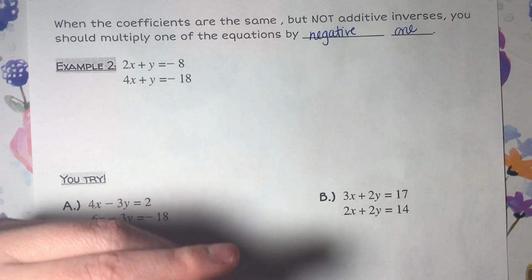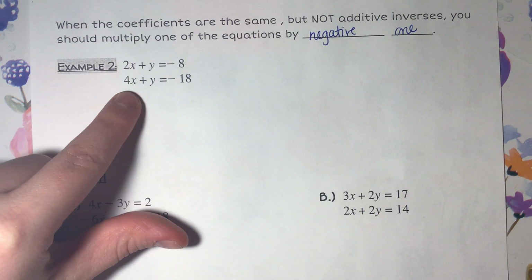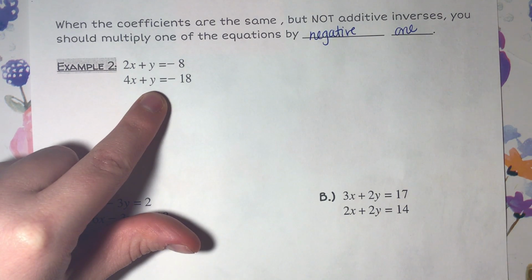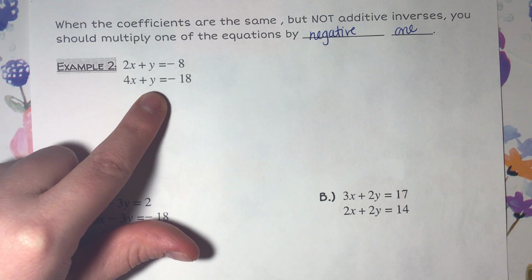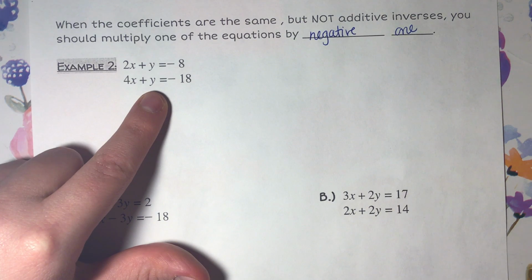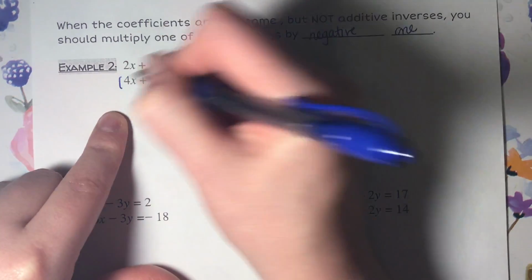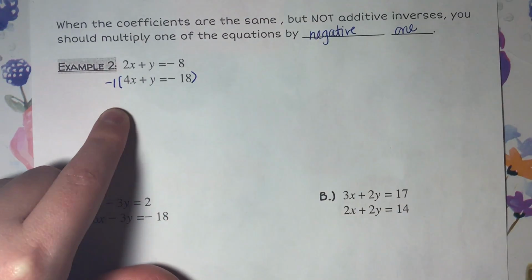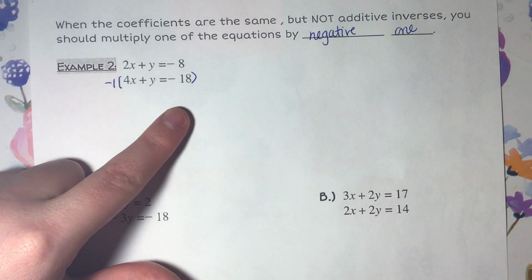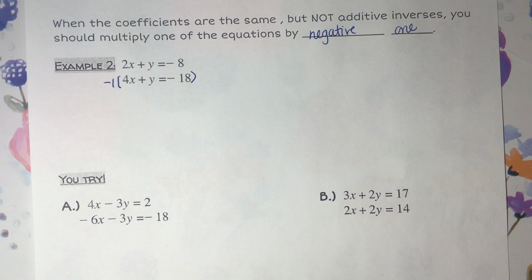But if I were to add these up, I would get 6x and 2y. I don't want to get 2y, I want the y's to cancel. To get them to cancel, they need to be opposites of each other. So I'm just going to take the bottom one and multiply it by negative 1 all the way across. And I'm allowed to do this because whatever you do to one side of the equation, you just have to do to the other.